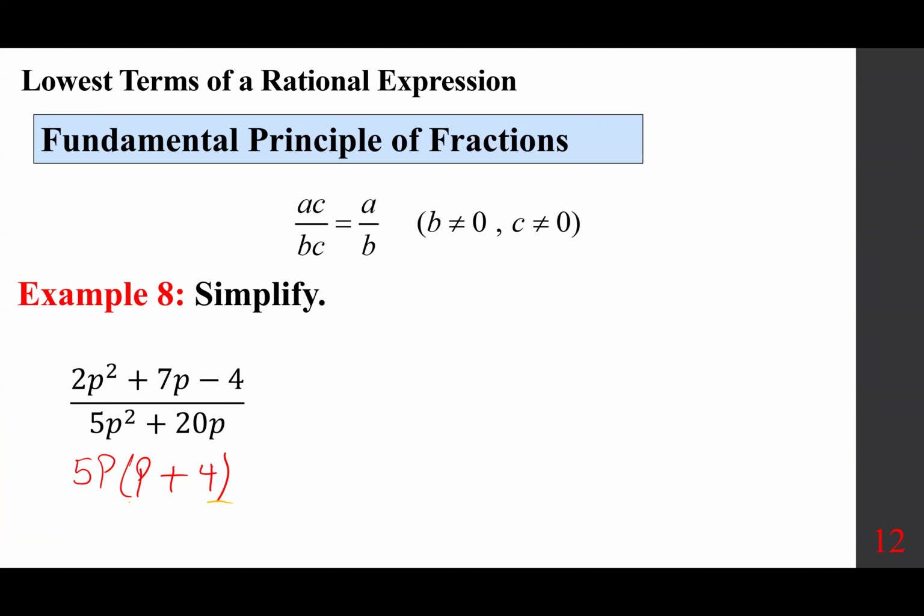So you can even just put this here and try it. This is the trial and error. You say, okay, if it can be factored, I need to have p plus 4, if it can be simplified.